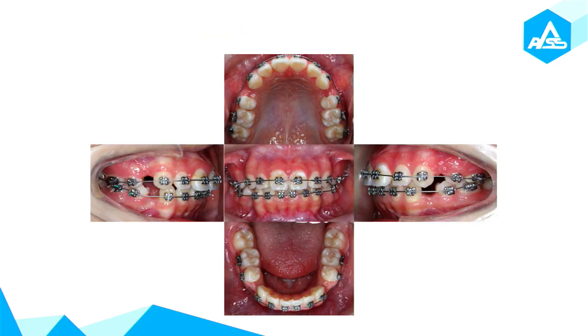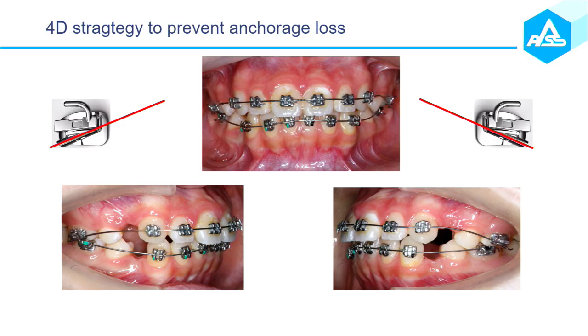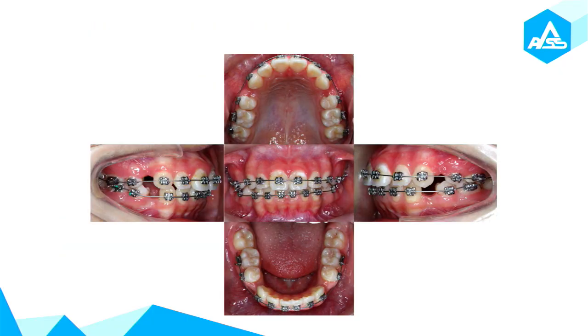This is the first stage appliance. You have already done that yesterday. After aligning anterior teeth, we bond the second premolars and second molar.